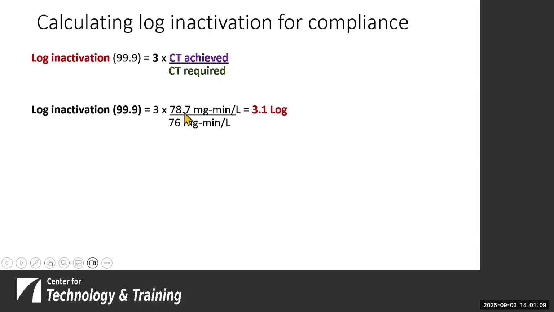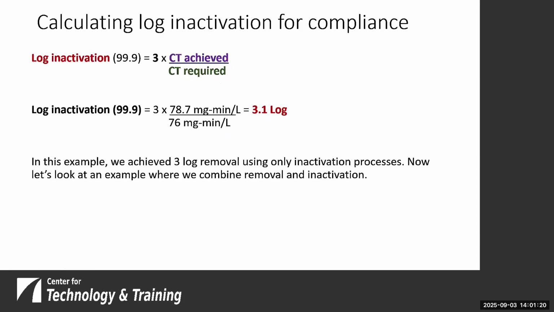We know that top number is bigger than the bottom number. So the end result, the log removal, is going to be above 3, and it has actually 3.1. So we achieved that log removal without adding chlorine.